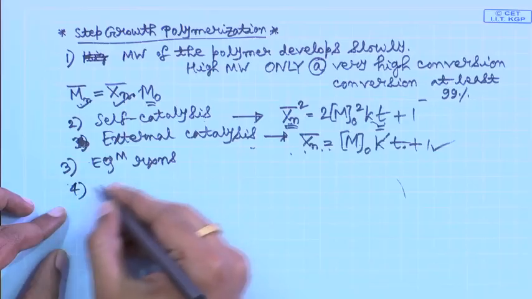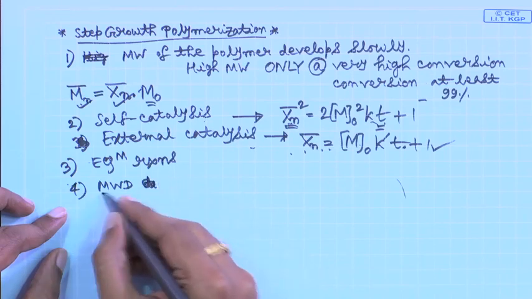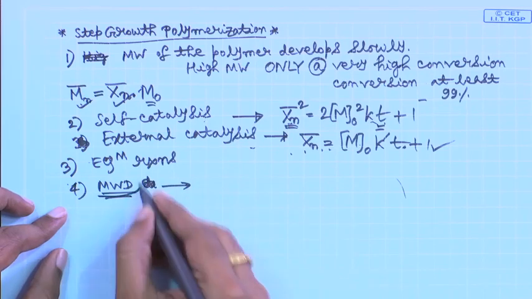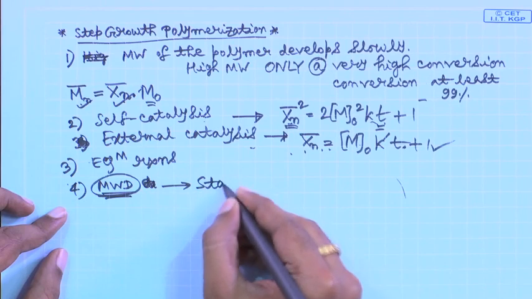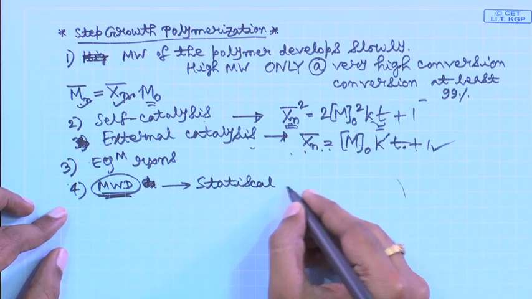So, these things all we have discussed, and afterwards we talked about the molecular weight distribution. In order to get an idea of that, we had a statistical approach largely developed by Flory.